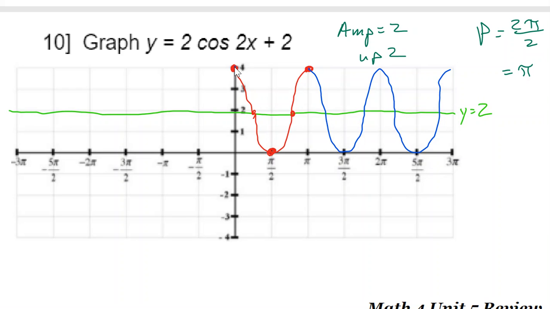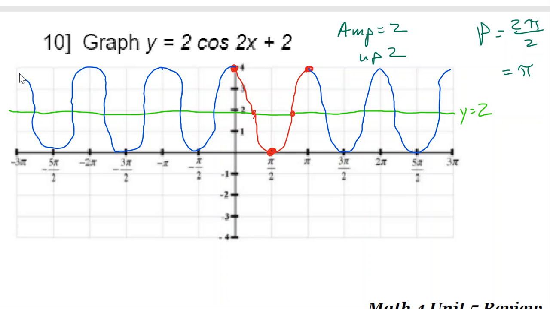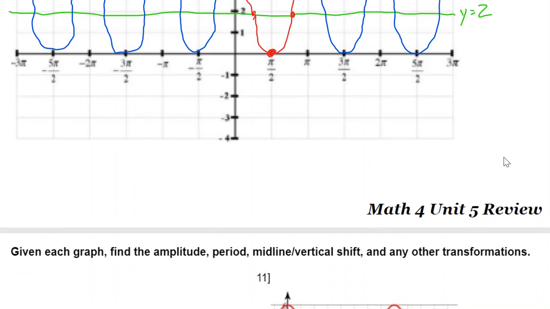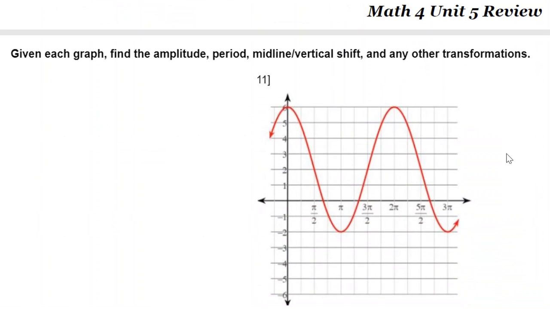Come over here. Something like that. All right, now this is something that is going to happen on this test: you're going to be given a graph like this, and you're going to have to figure out what's, well, I guess they didn't say, they just said find.